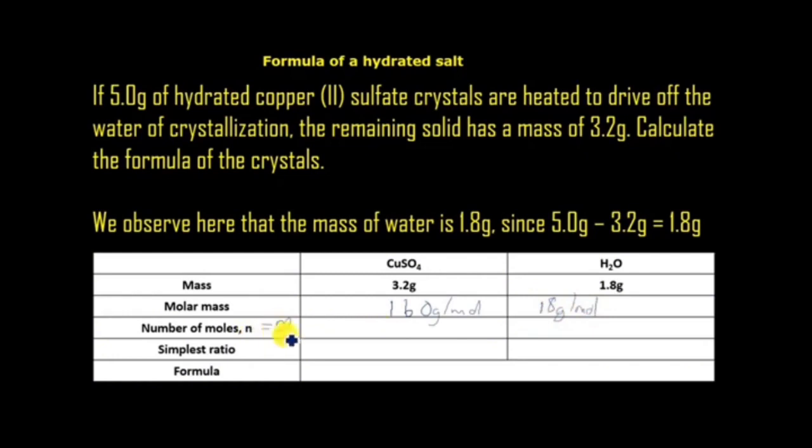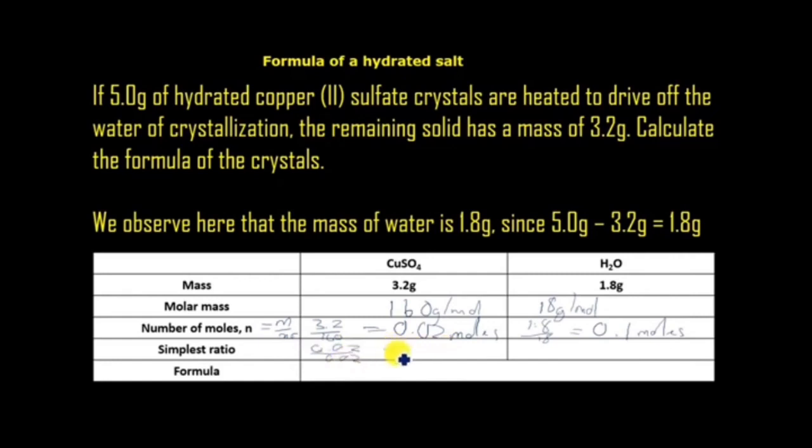Then we calculate the number of moles, which we find by doing m over Mr. Here the mass is 3.2 over 160, and here it is 1.8 over 18. This one is very simple. It gives us 0.02 moles, and this one gives us 0.1 moles. Now, since this one is the smallest, we divide both sides by it. We divide this side, 0.02 over 0.02, giving us 1.